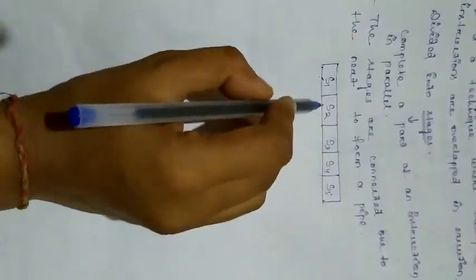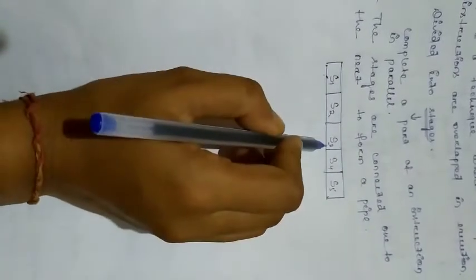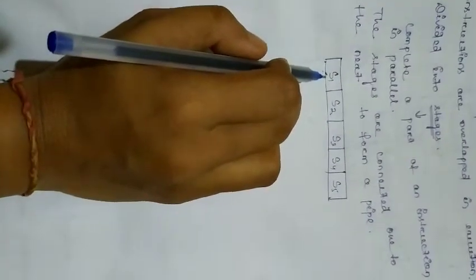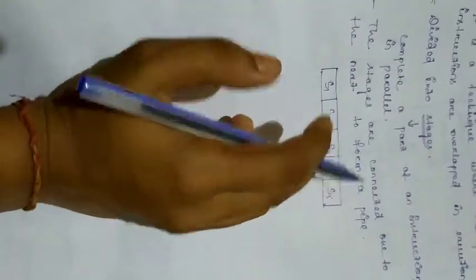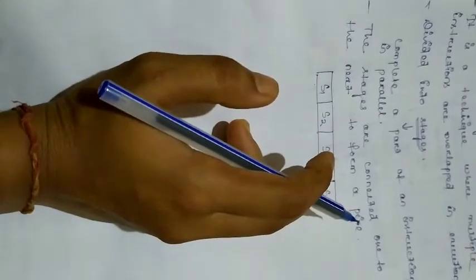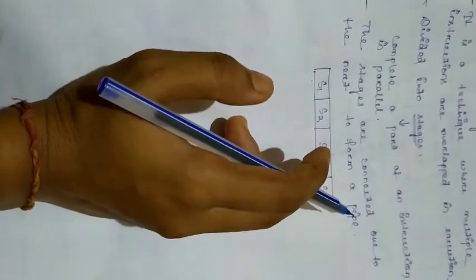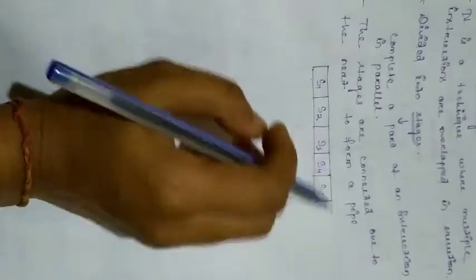These are the stages of instruction execution. An instruction will go through fetch, decode, execution, then store in memory, and last is the result. So the instruction goes through these stages to complete its execution, and that is divided into small stages.